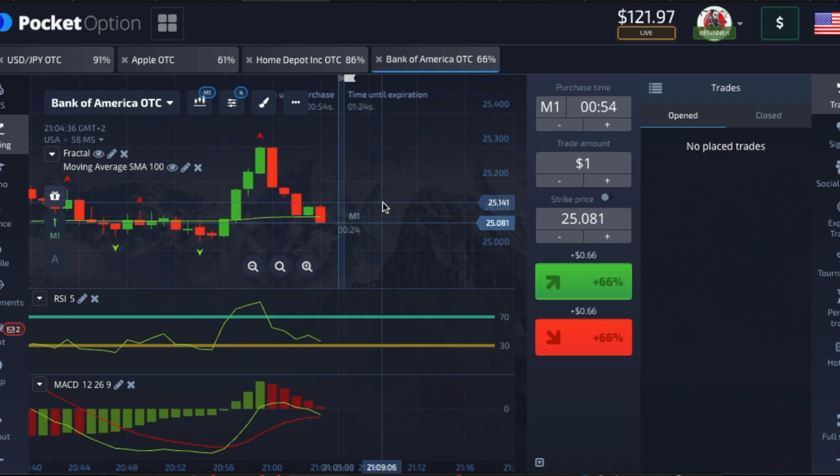So we actually want it to be away from the moving average whenever we're trading. So that I'll put in for.